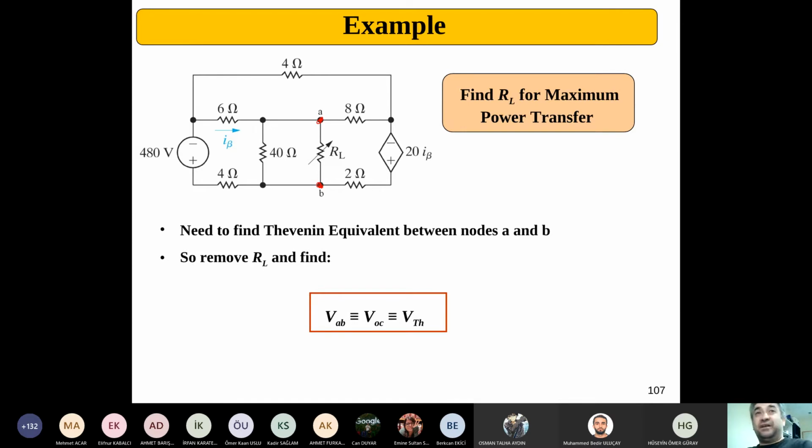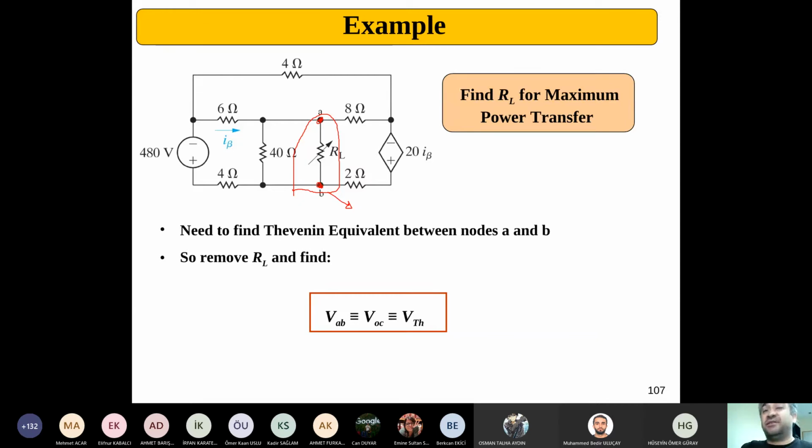The best way to find that is to take that portion out of the circuitry and find a Thevenin equivalent between those two terminals, A and B. And when you find the Thevenin equivalent resistance for that circuitry, R L should be equal to that value to obtain maximum power transfer.